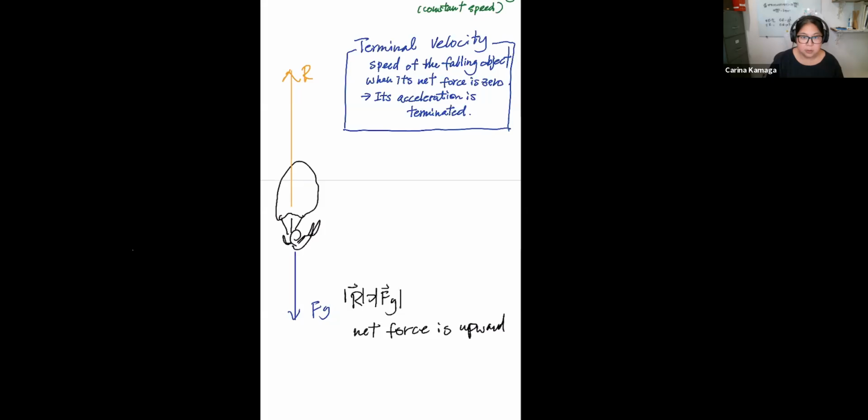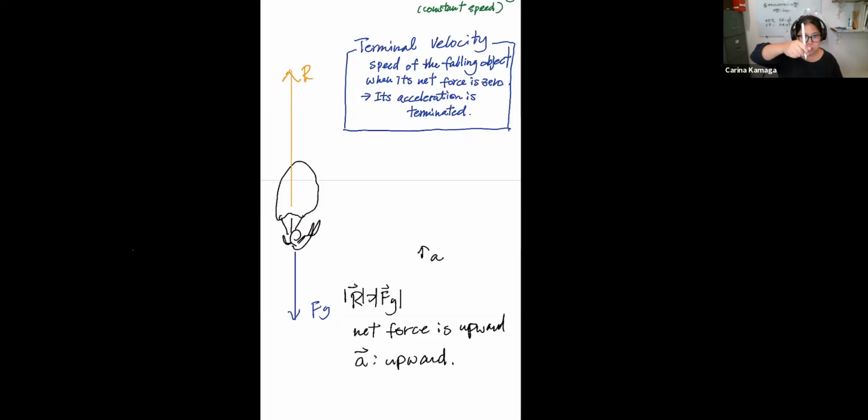Then what happens to the acceleration? The direction of acceleration is now also upward, because now you have a larger air resistance than gravitational force. So it's going to point upward. If you have an air resistance that's pointing upward now, what happens to its speed? The speed is downward.